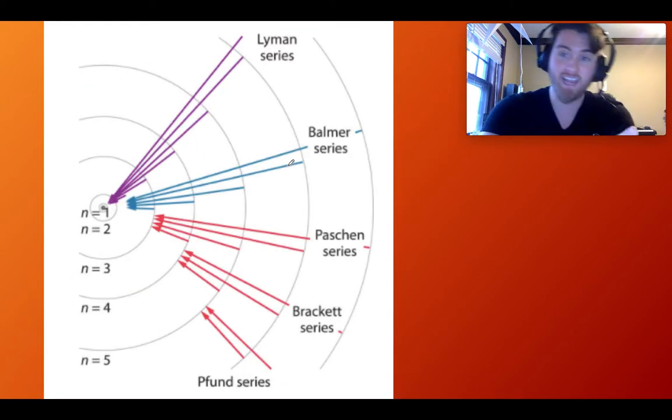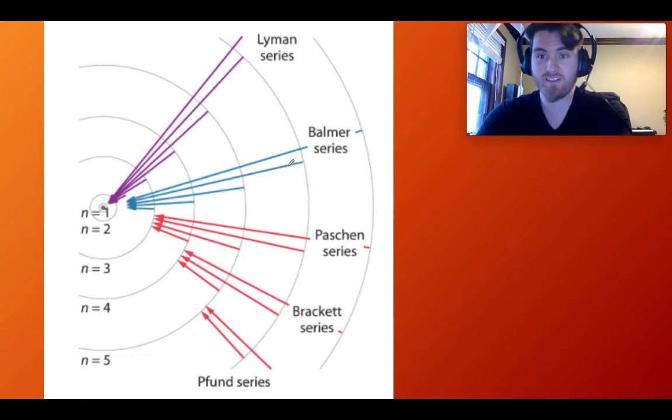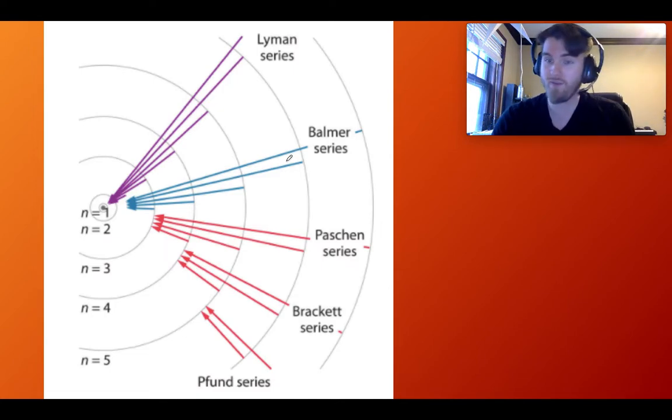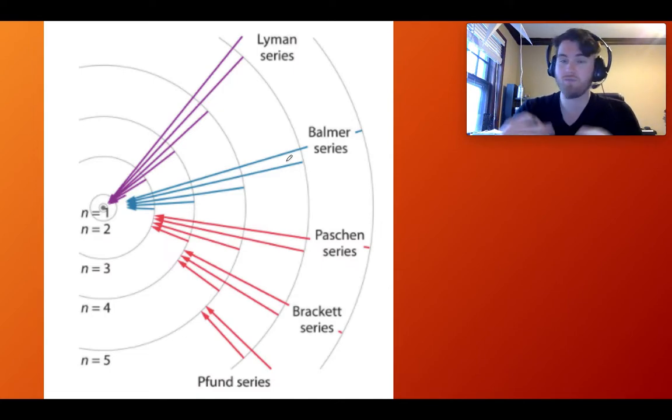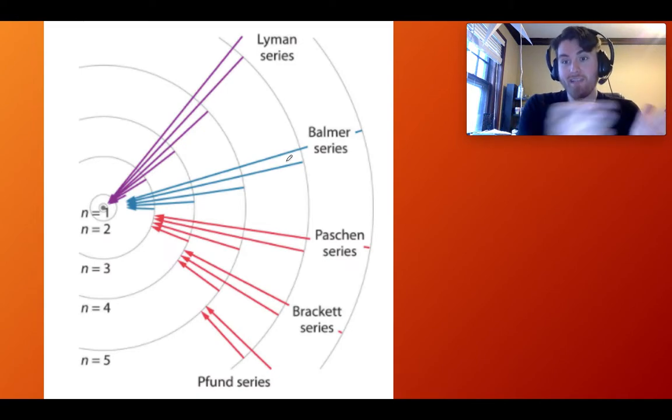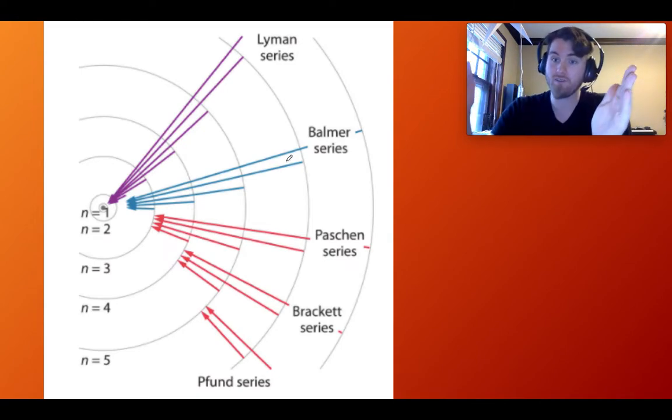This is hydrogen, and hydrogen is super easy to study just because it has one proton, zero neutrons, and one electron. There are different series, such as the Paschen, Balmer, or Lyman series. What it is talking about is that whenever light is absorbed in an atom, it makes that electron jump from one energy level to the other.